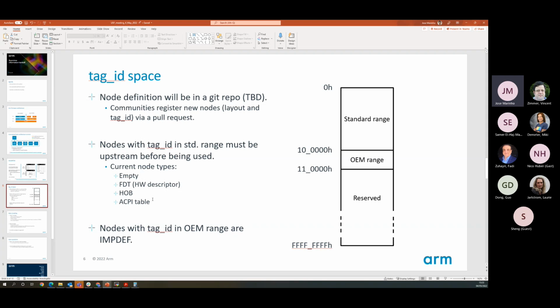But of course, this set of standard nodes is perhaps limited. So the expectation is that the communities would use the pull request mechanism early on, and as time goes by, eventually the list of nodes is going to be more complete.